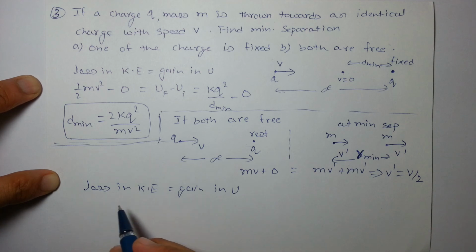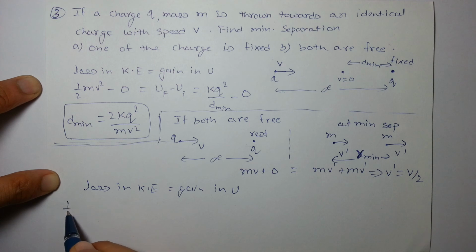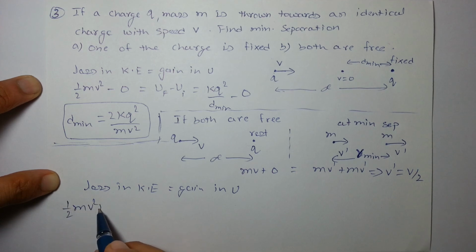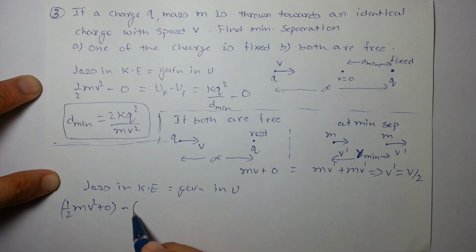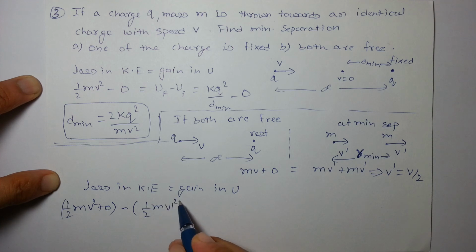So how much loss? Loss is always initial minus final. So initial is half mv square plus 0, 0 for the charge which is at rest, minus final, half m into v dash square into 2, because there are two charges which are moving with v dash velocity, both having the same mass.